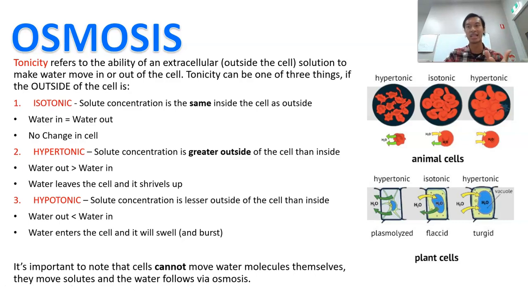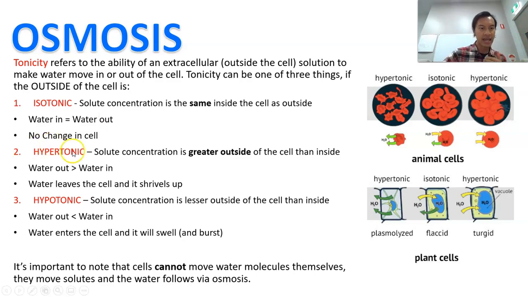So that cell is sitting in isotonic solution. And when it's in isotonic solution, the amount of water that goes into the cell will be the same as the amount of water going out of the cell. That means you're not going to experience any change in the cell whatsoever, and that's a good thing, right? That means that it is balanced and the cell will not experience a net movement of water of any sort. And in many ways, most cells want to be in an isotonic solution, right?